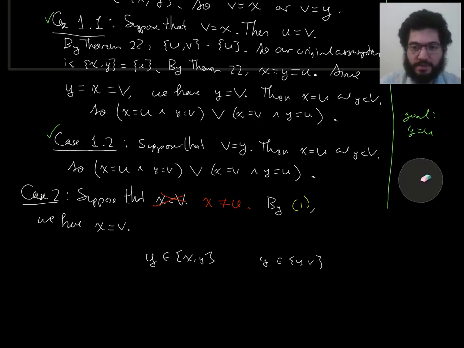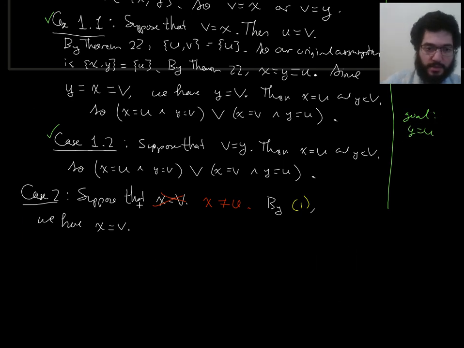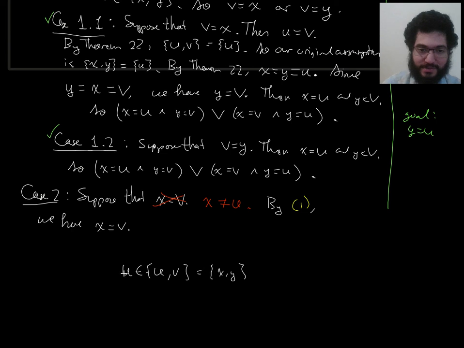If I, instead of focusing on y, I focus on u, and I go, well, u is either x or y. Well, first you say u is definitely in here, and here is equal to here. So u is either x or y.